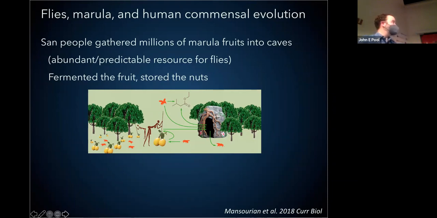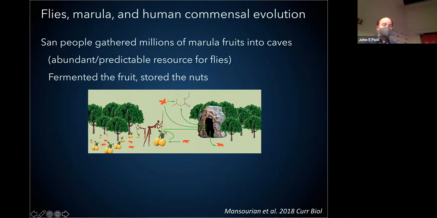There were the San hunter-gatherers, and marula was an extremely important food resource to them. And archaeologists have found caves with millions of marula stones built up over time. The San would store the nuts and they would ferment the fruit. And so this represented a very attractive resource to fruit flies and actually aligns with some aspects of Drosophila melanogaster's own biology in terms of their willingness to enter dark spaces and their tolerance of alcohol.